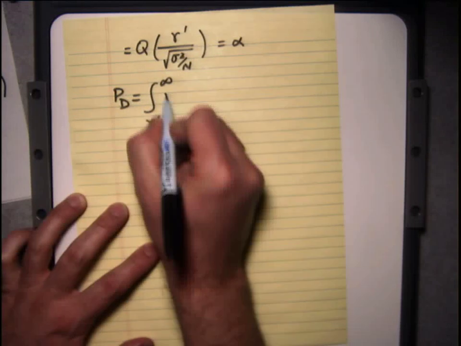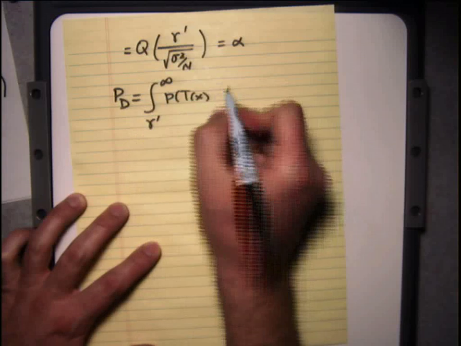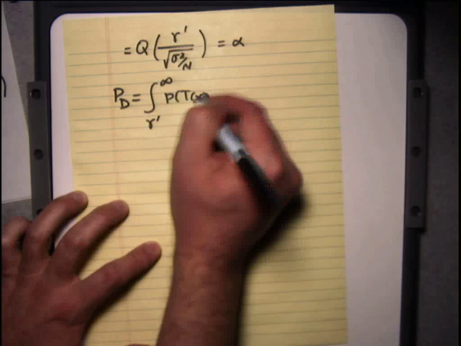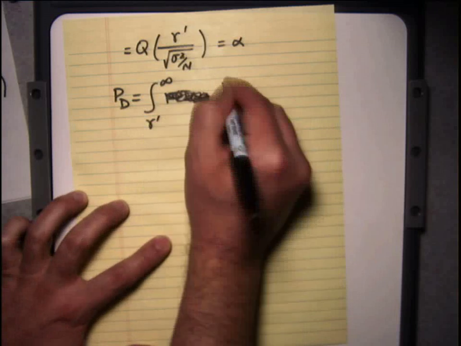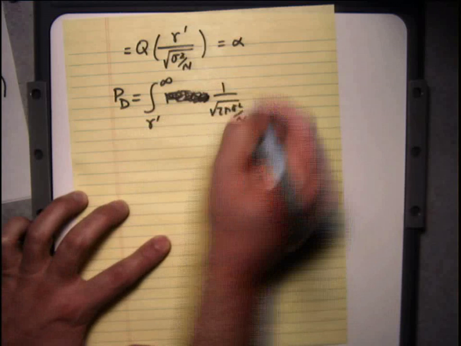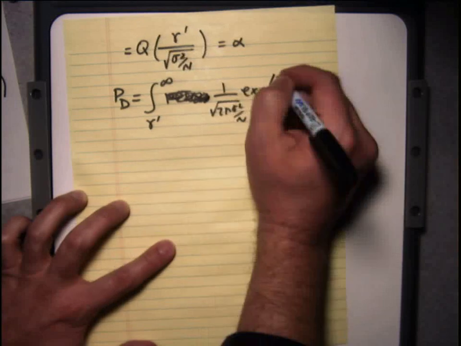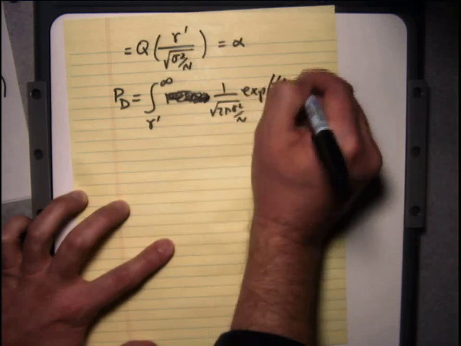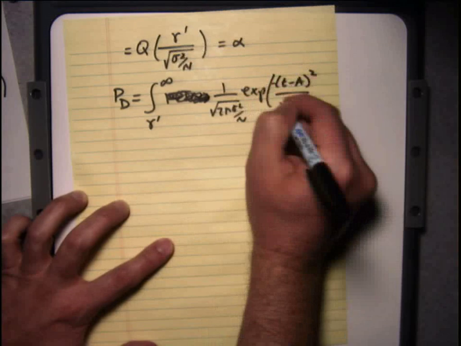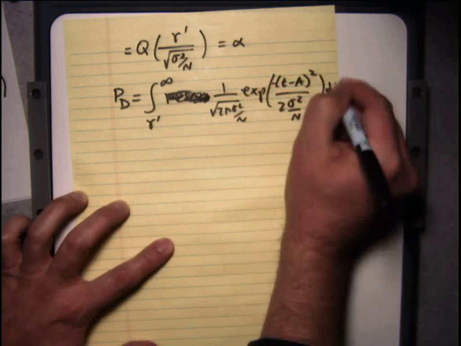So this is the PDF of T of x. Let me write the 2 pi sigma squared over n. This time it's exponential, very similar to the one before, except that it's e to the minus t minus a squared over 2 sigma squared over n, dt.